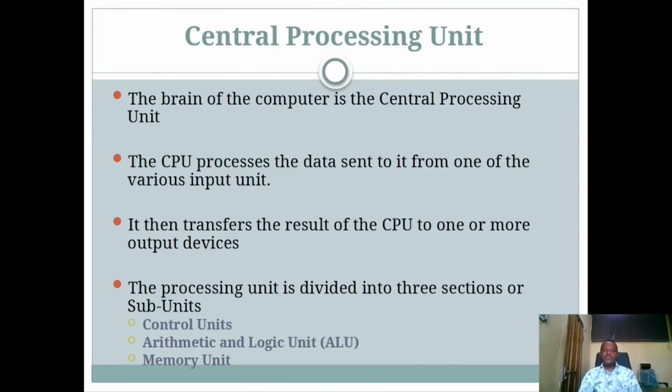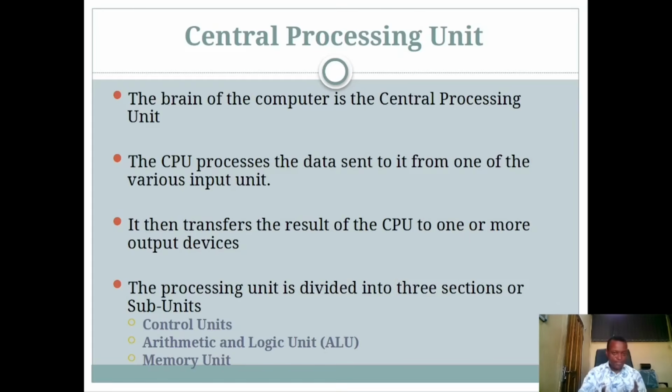The processing unit or the CPU is divided into three sections or subunits. We saw it in that diagram, where we had the control unit, the arithmetic logic unit, and the memory unit. So let's quickly go over the subunits of the central processing unit.